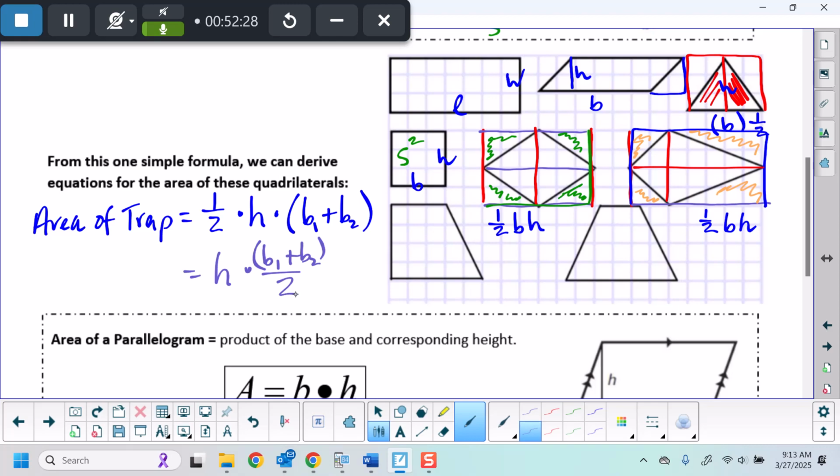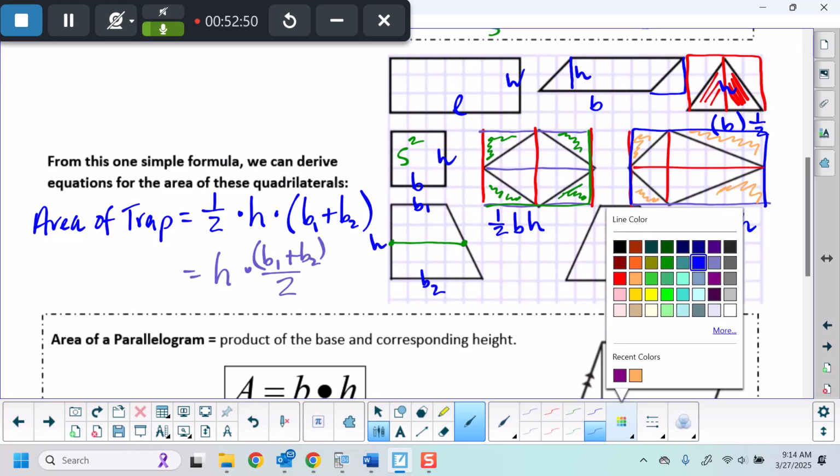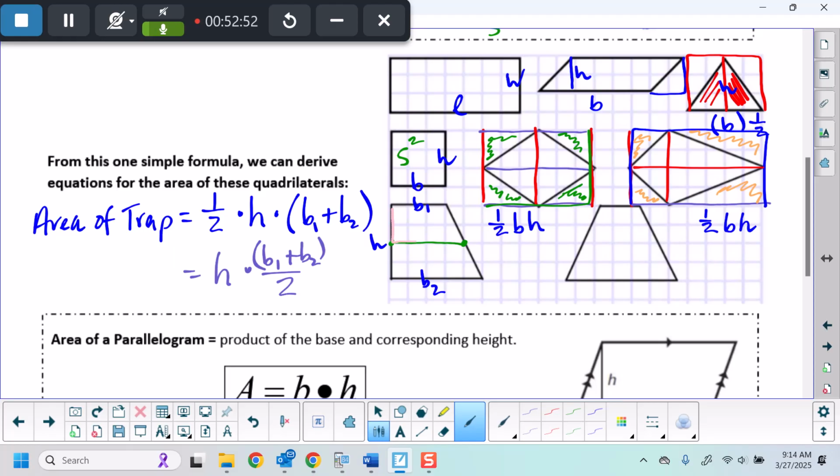If I take my trapezoid and I take half of the height, so if I have my height here, do you see if I have base 1 here and base 2 here, what I'm going to do here, and this is kind of cool, is I'm going to take this half of that piece there.